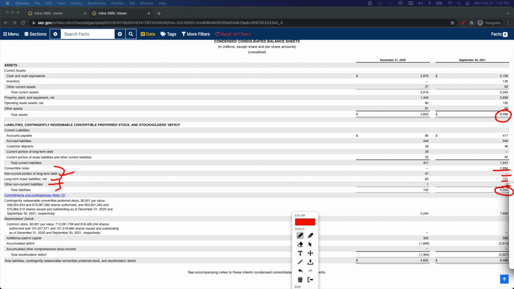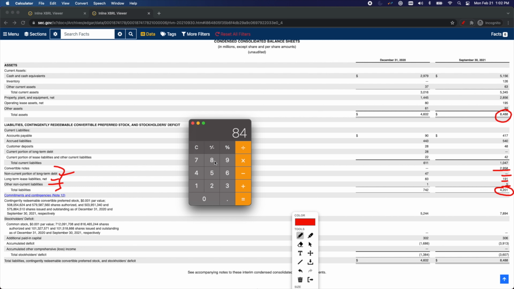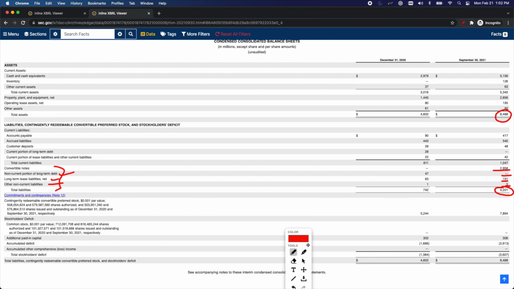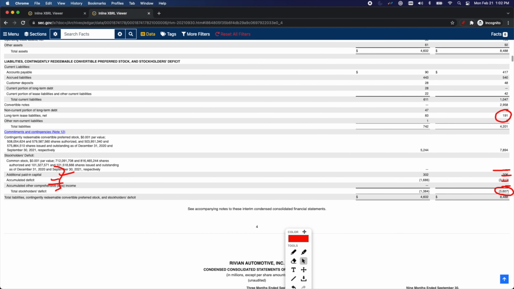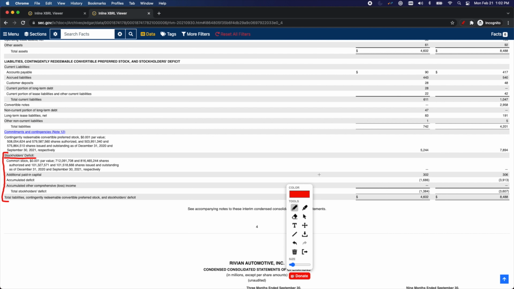8.48. So if we were to calculate the equity using these figures, we subtract 4,201 from 8,488, and we get an equity of $4.287 billion. Now, if we scroll down and see the equity here, it's actually not even called stockholders' equity, it's called stockholders' deficit.